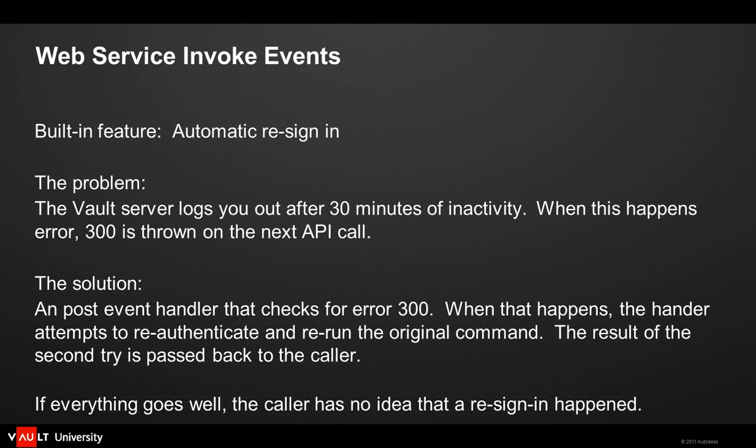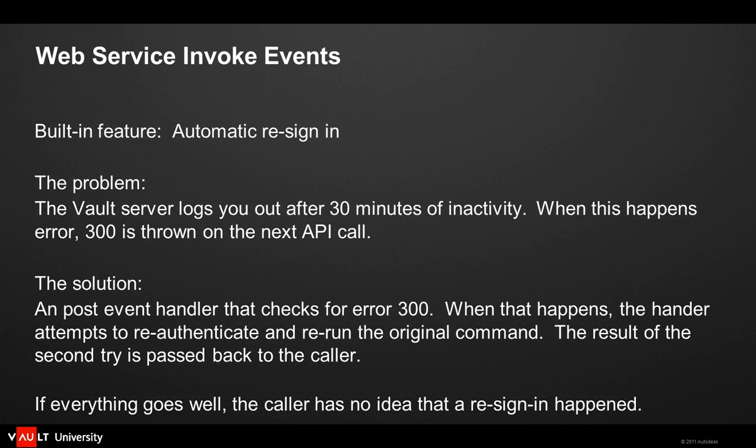What this means is the next time that client goes to make a web service call, it's going to get error 300, which basically means that the security token is invalid. So the way to fix that is you want to re-authenticate, get a new security token, and then rerun whatever the command is that failed with error 300. You want to run that again with the same parameters, and then that's your result.